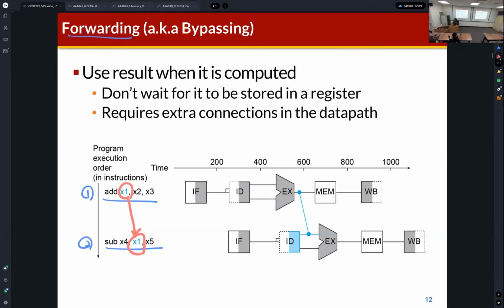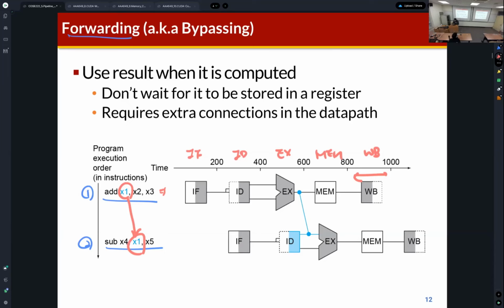Which means that it goes through instruction fetch, instruction decoding, execution, memory, and write back. When this add instruction is executed, we know that during the write back stage, the result of the add instruction is stored in the register file. But when is the result generated?